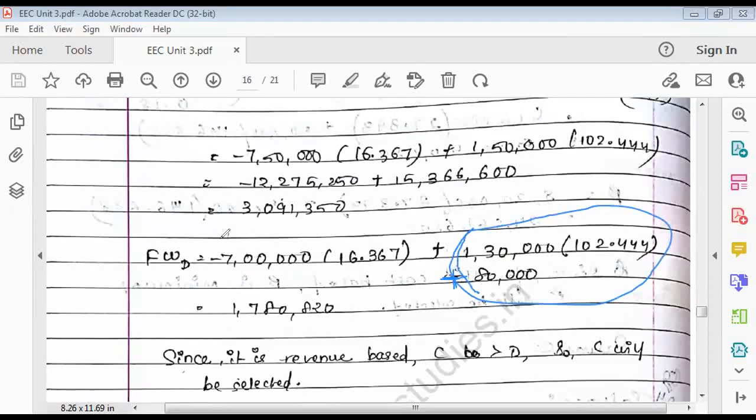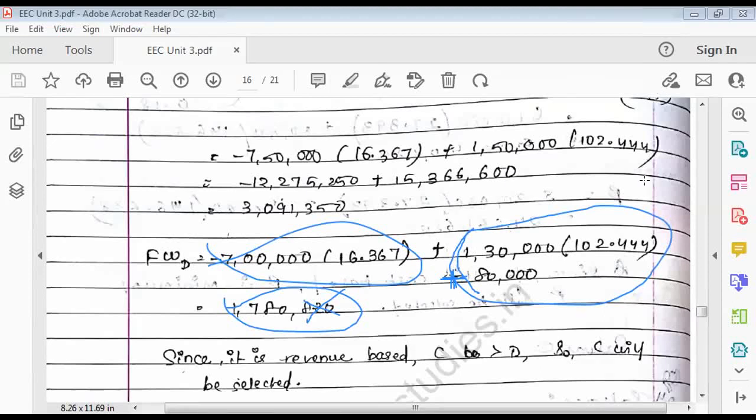Then we must subtract this. So this should be plus 80,000, not minus 80,000. I don't know whether this final answer has added 80,000 or has subtracted. If it has subtracted, then this should be wrong. So you check it for yourself, but understand that it will be plus 80,000 because this is a revenue component.